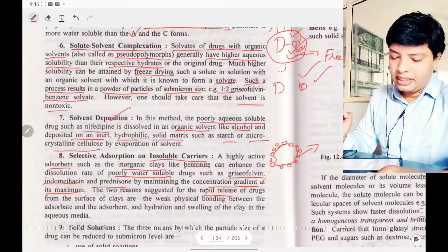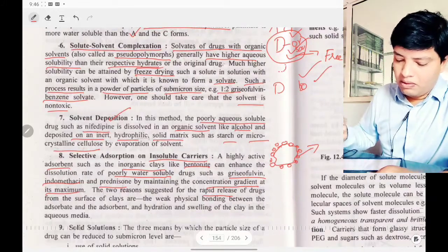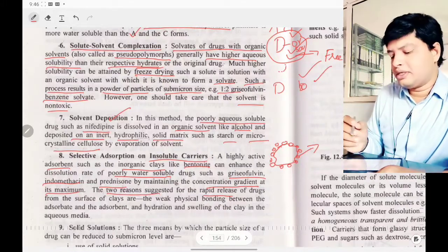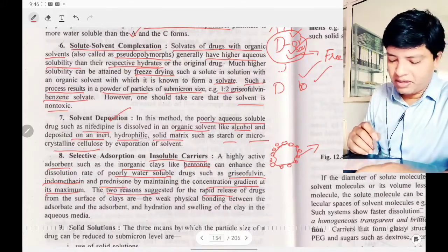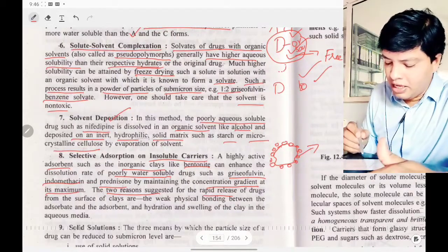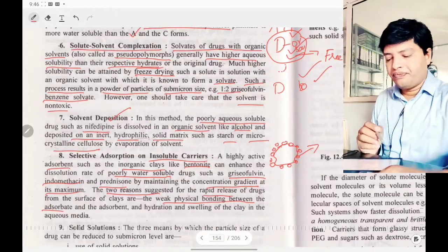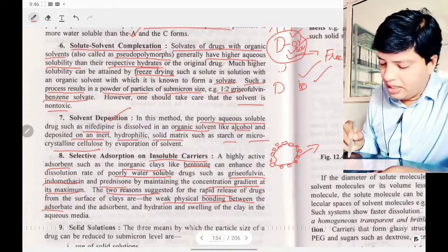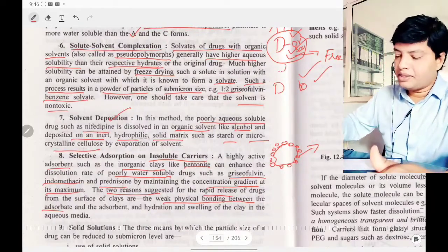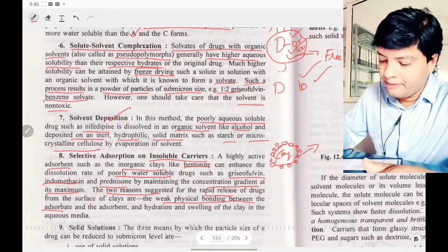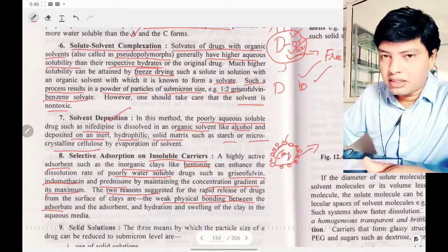How is it increasing the bioavailability or the dissolution rate? There are two reasons suggested for the rapid release of the drug from the surface of clay. That is weak physical bonding between the adsorbate and adsorbent, then hydration and swelling of clay in the aqueous media. What happens here is, this is clay, that is your bentonite. Here the drug is adsorbed, that is griseofulvin.